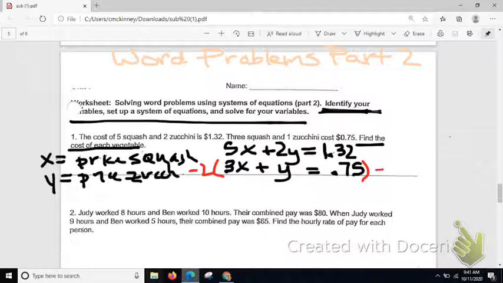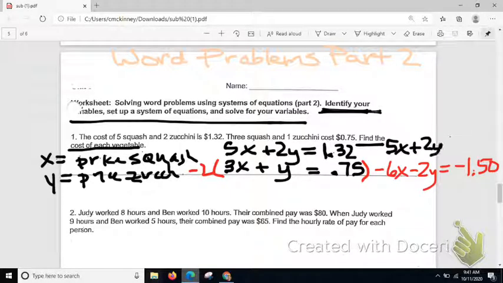To make this -6x, -2y is -150, or just 1.5, but it is negative. The top line would remain the same. So top line is remaining the same, 5x, 2y, $1.32.